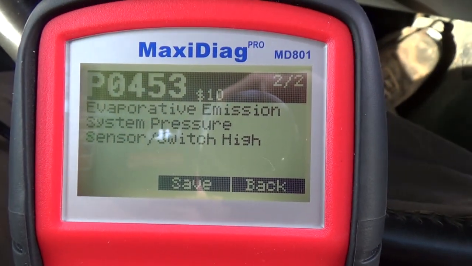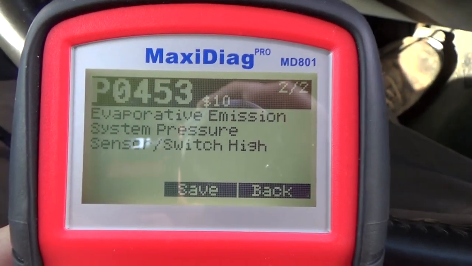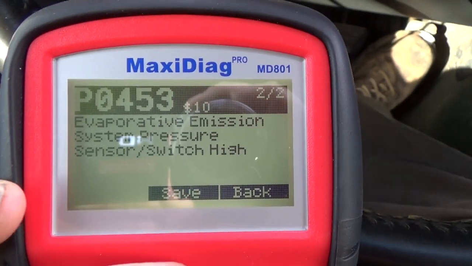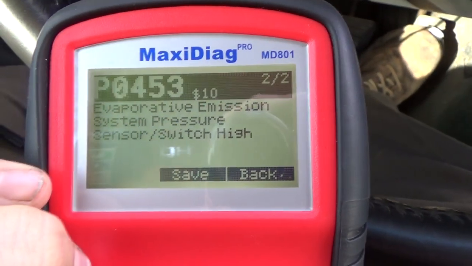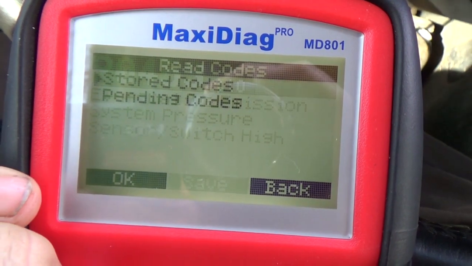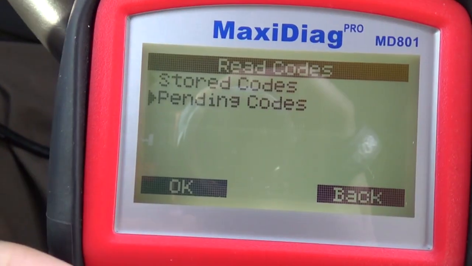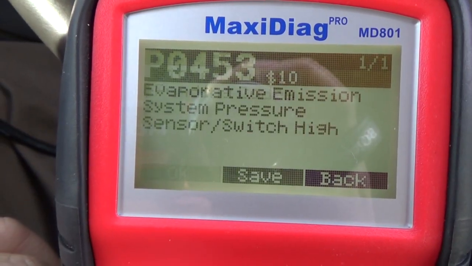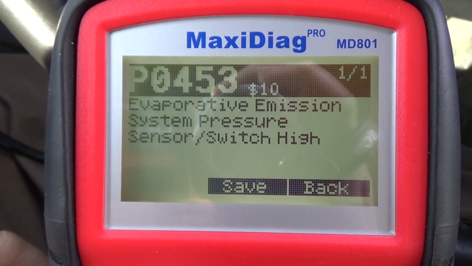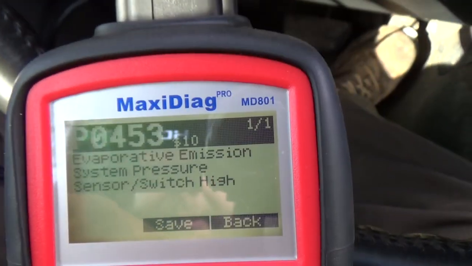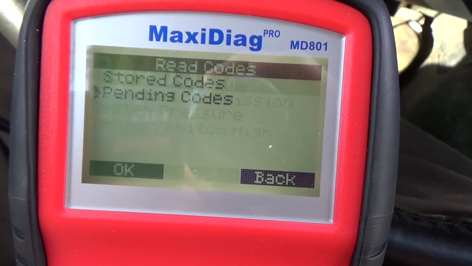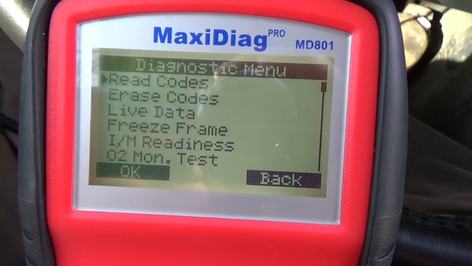So it's high and low, but no misfire stuff, eh? Well then. Interesting. Any pending codes? Switch high. Very interesting.